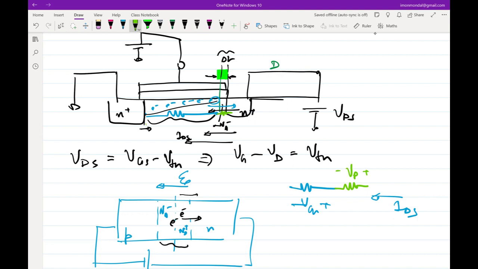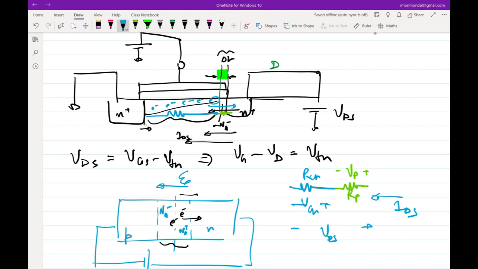By the qualitative argument, what did we infer? We are inferring that this RP is much higher than RCH. If RP is much higher than RCH, then almost the total drop of VDS should appear across RP.